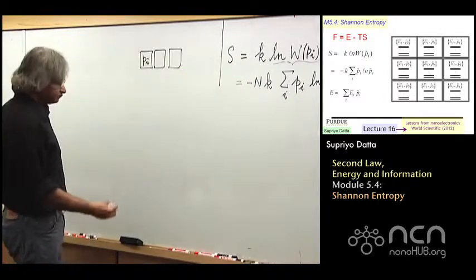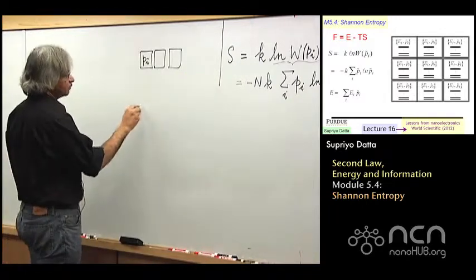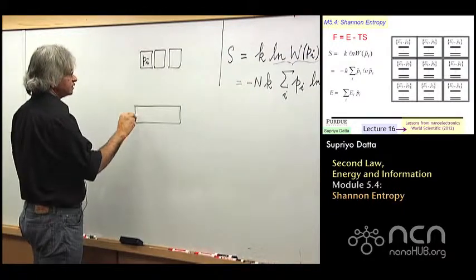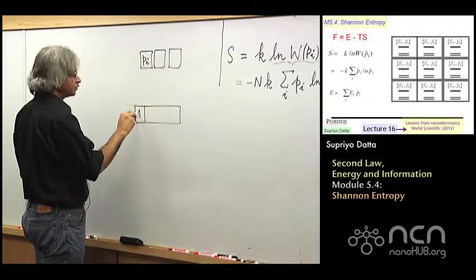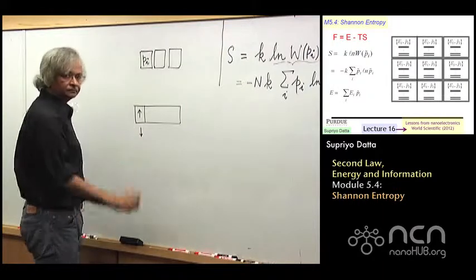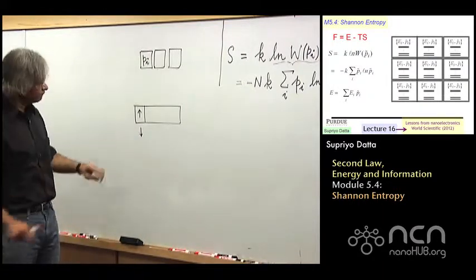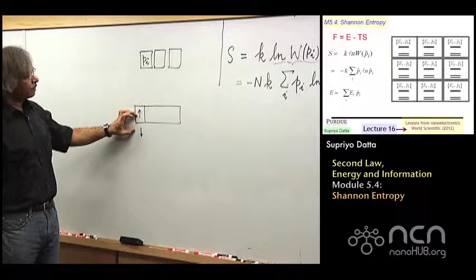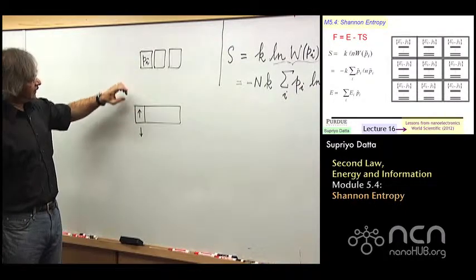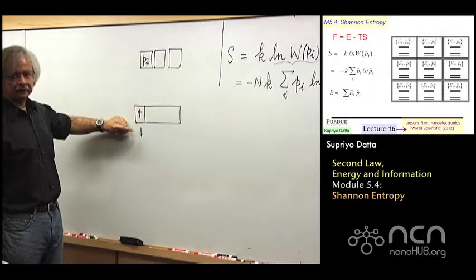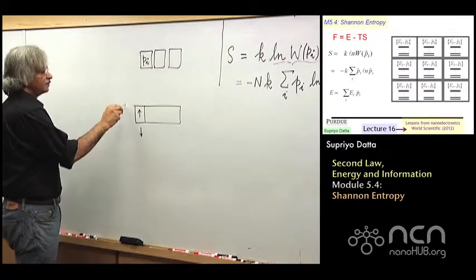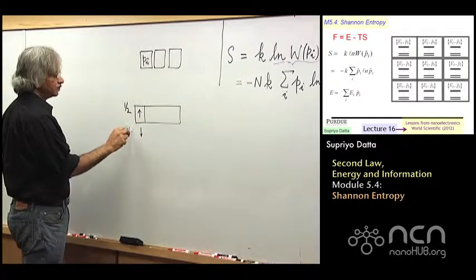So for example, as I said, supposing we had these individual systems where spins that could be up or down, let's say. Now, you could say, well, it has a probability of being up, let's say, of half, and the probability of being down is, say, half.